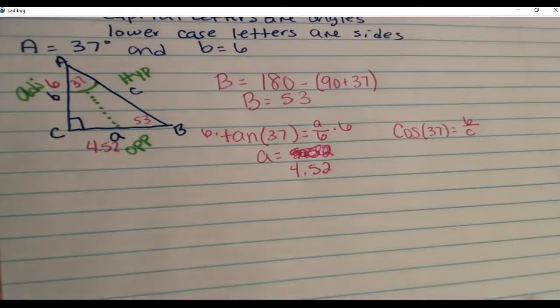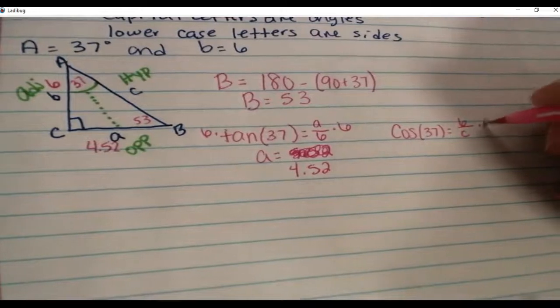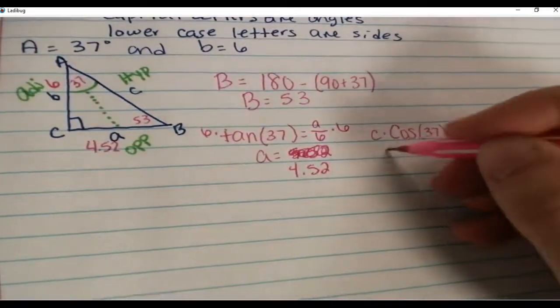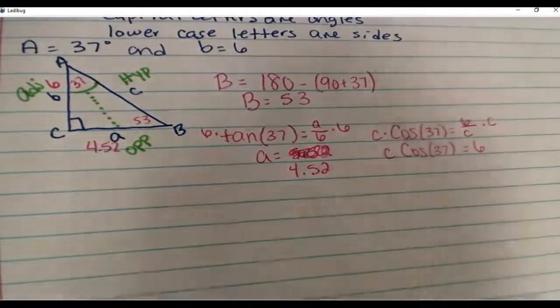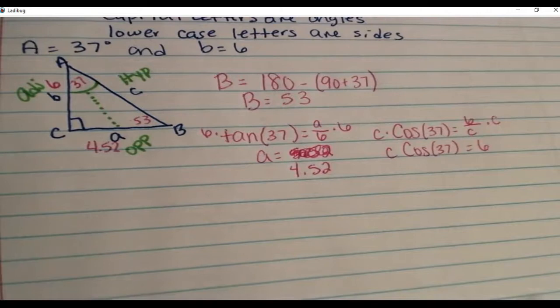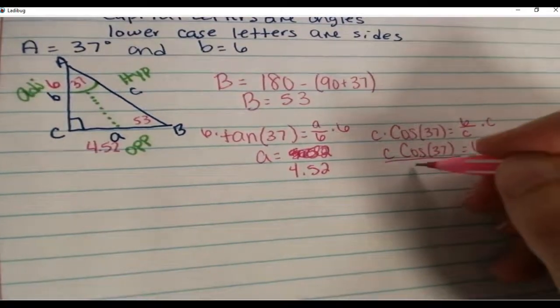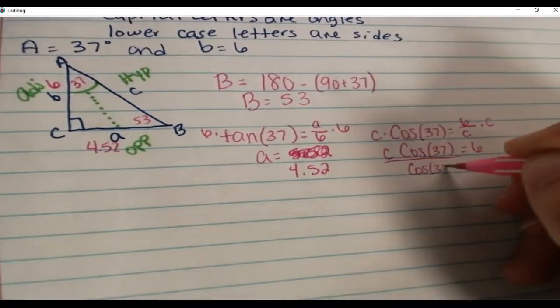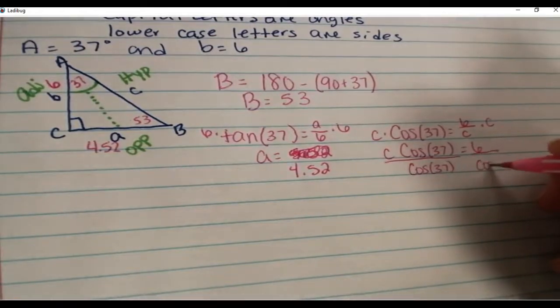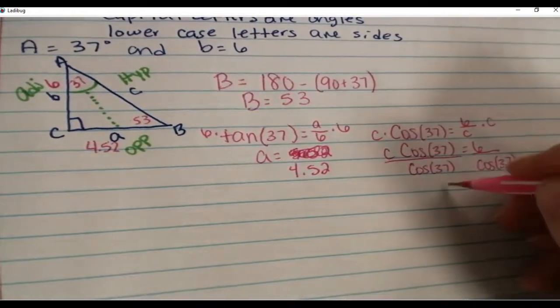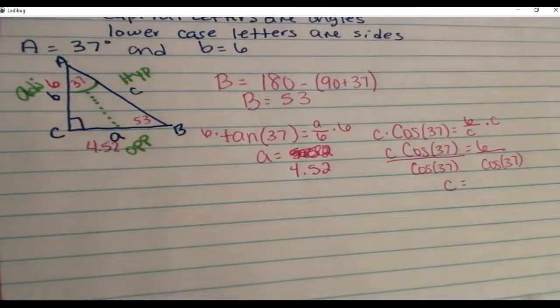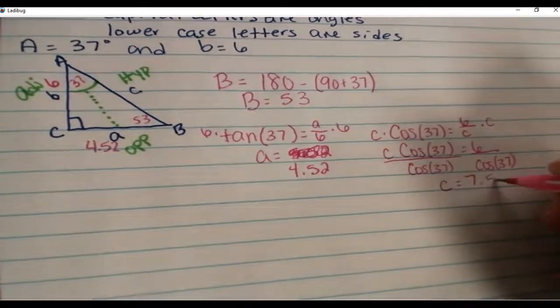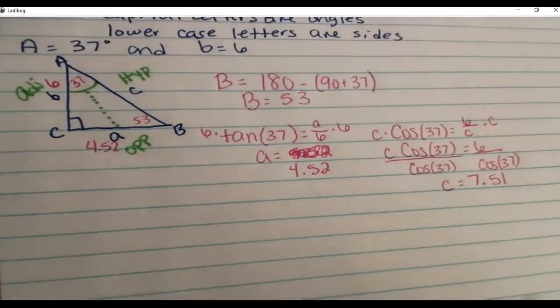Again, solving it like we did yesterday, we have to move that little c, so multiply both sides by little c. And then to get c by itself, we divide by cosine. And what do you get? Good. 7.52.